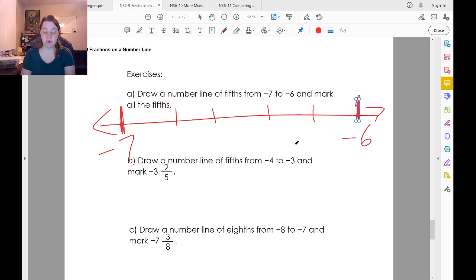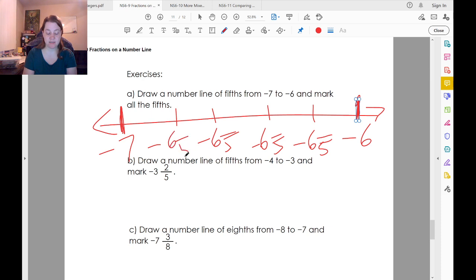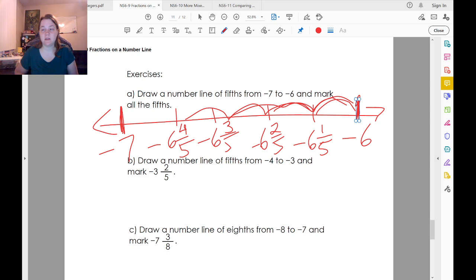So this would be -6 and something over 5, -6 and something over 5, -6 and something over 5. Because it's split into fifths, this is 1 hop, so that's 1/5. 2 hops, 2/5. 1, 2, 3 hops, 3/5. 1, 2, 3, 4 hops is 4/5.